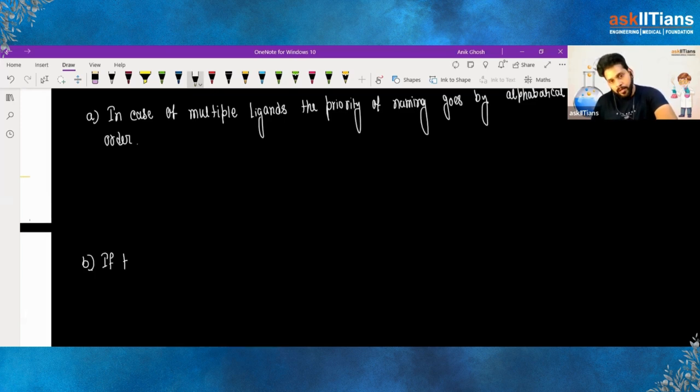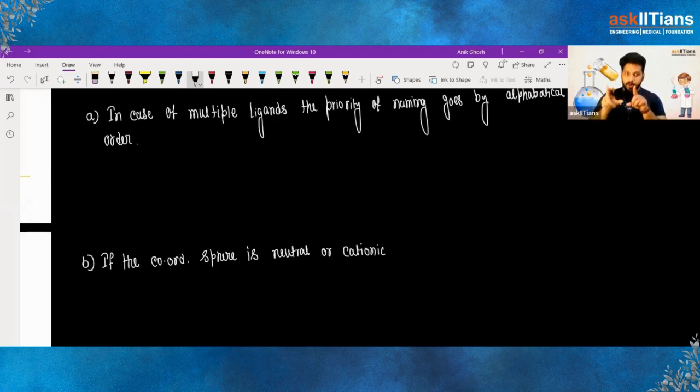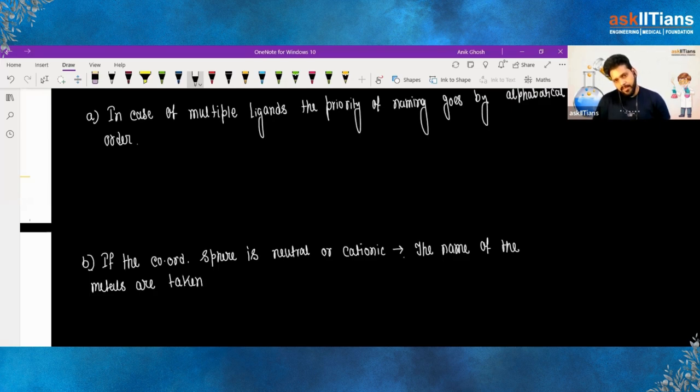Point number B. If the coordination sphere is neutral or cation, that means, guys, if the coordination sphere overall charge is positive or neutral, no charges, in that case, the name of the metal is taken as it is.